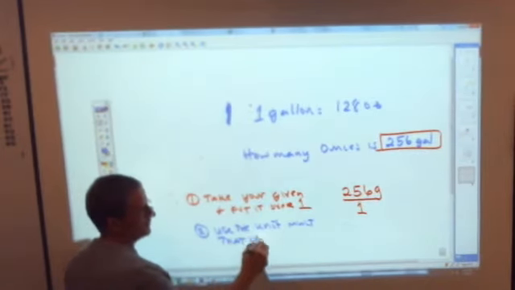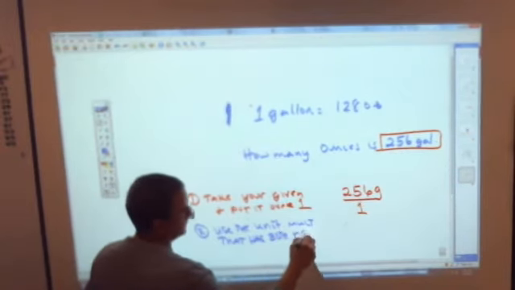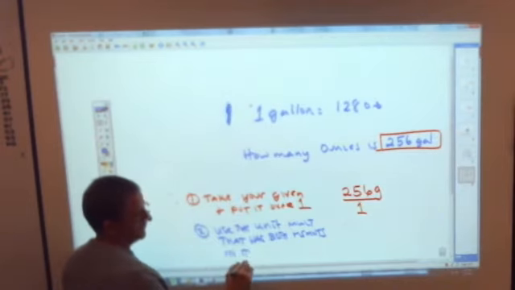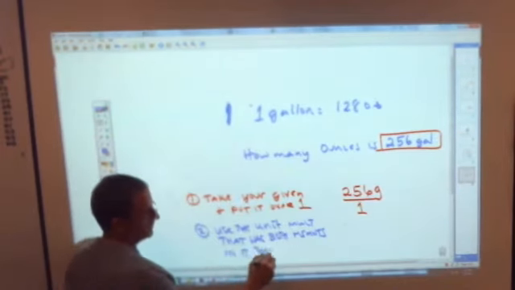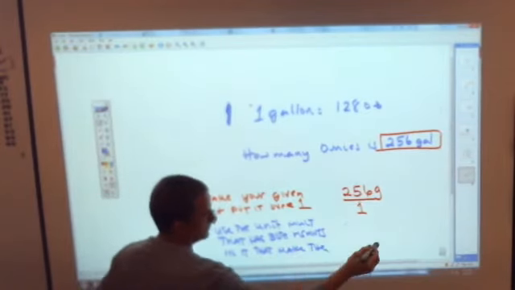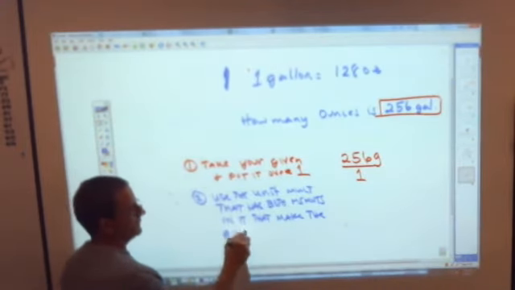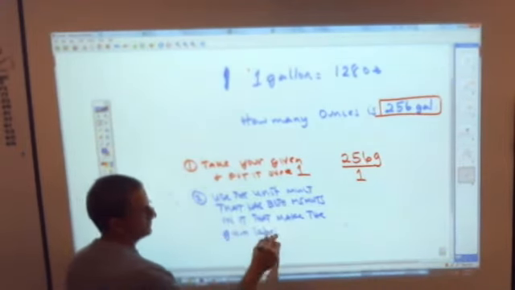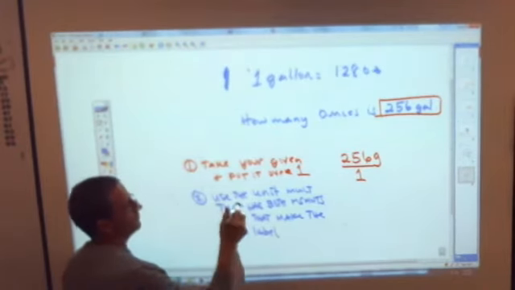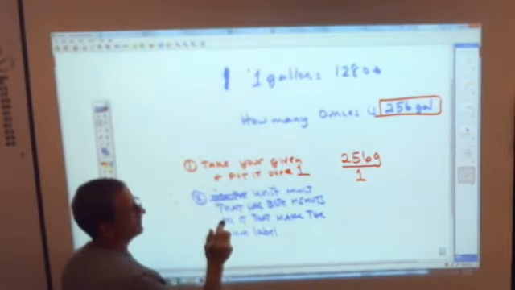that has both measurements in it that makes the given label, oh wait, I should say this, not use, but multiply.